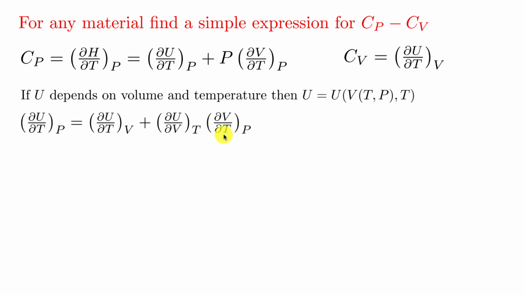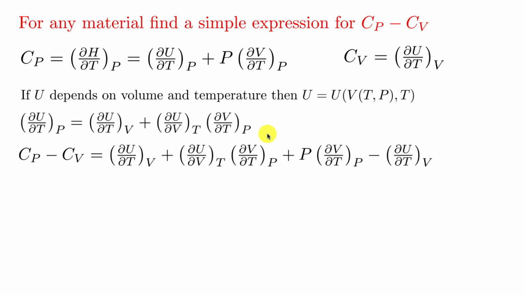So I've just used the chain rule over here. Let's take the difference between Cp and Cv. So I need to subtract Cv from here. You put that here. And now this cancels against this. So then we get something that's much simpler. It's just dU by dV at constant T plus P, times this.